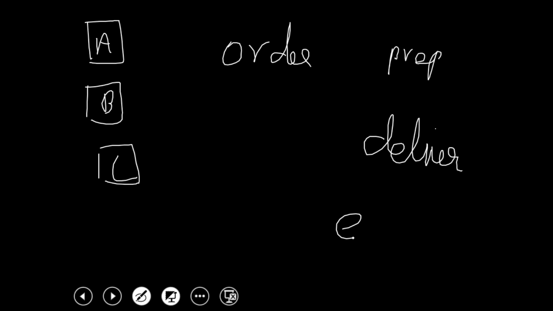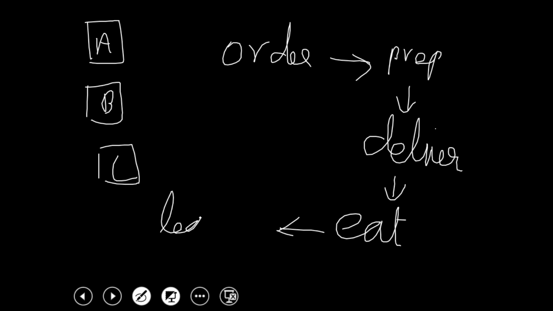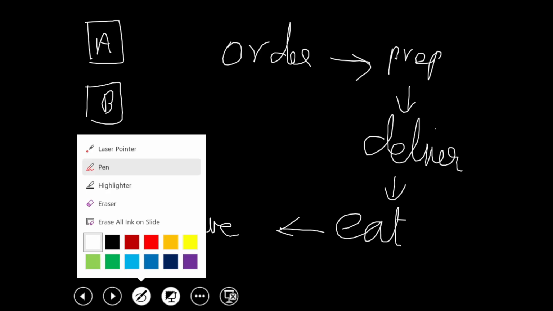Once it is delivered, we eat it. Order, prepare, deliver, eat, and then leave. This is one of the simplest things that happens in a restaurant. So these are the five stages. Say person A arrives.